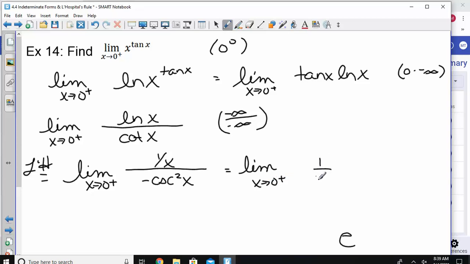I'm going to try to do 2 steps at once here, so tell me if I lose you. Cosecant is the same as 1 over sine. To divide fractions, we flip and multiply, so this would become a negative sine squared x over 1.